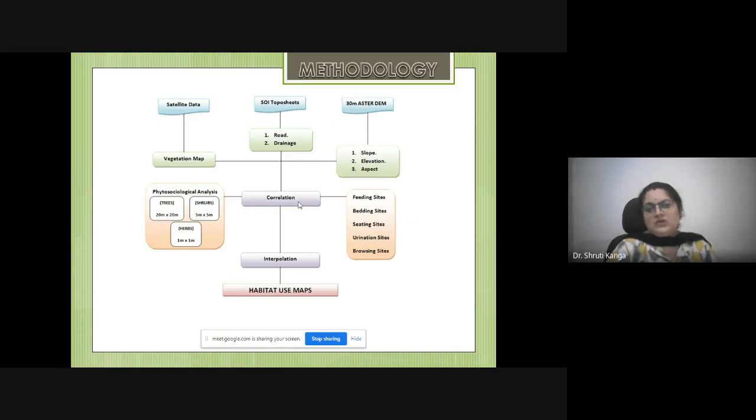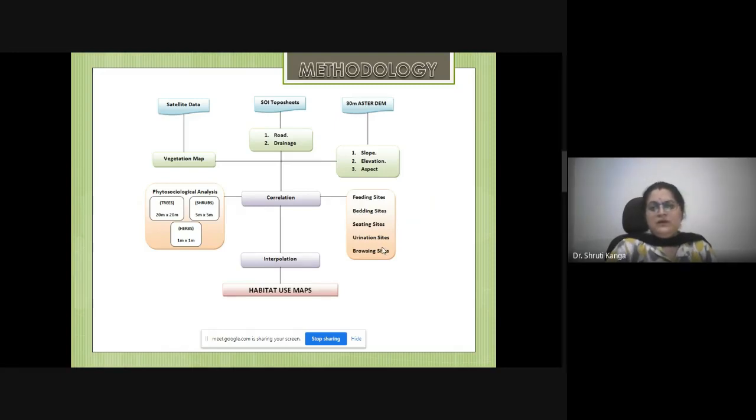Then correlation of that has been done on the basis of the feeding sites, bedding sites, seating sites, urination sites, and browsing sites. Then the interpolation of these things has been done, and based on that, we have calculated the habitat use map.